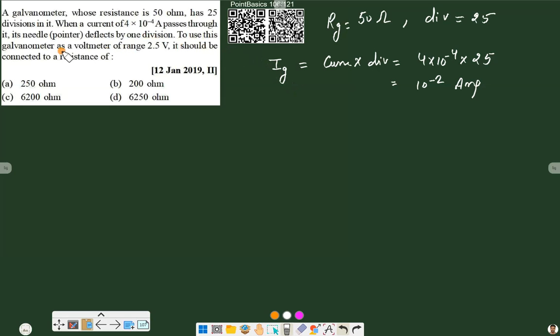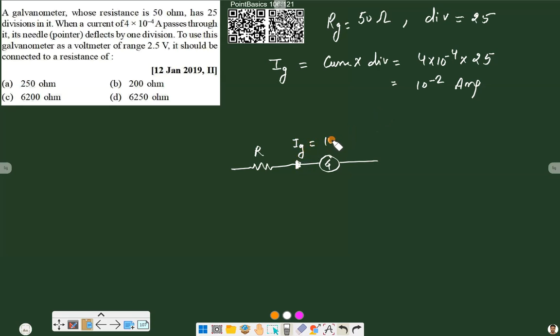To use the galvanometer as a voltmeter for range 0 to 2.5, a resistance should be connected. So to use it as a voltmeter, we need to attach a resistance in series, and our circuit should look like this. We attach a resistance R in series with the galvanometer here, and the current in this circuit should be equal to Ig or lesser.